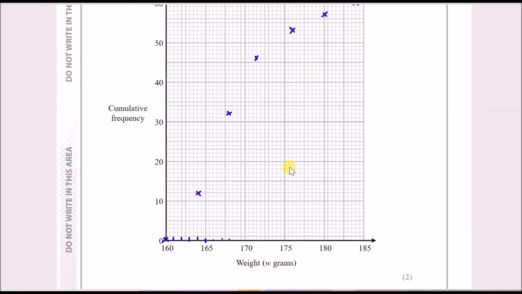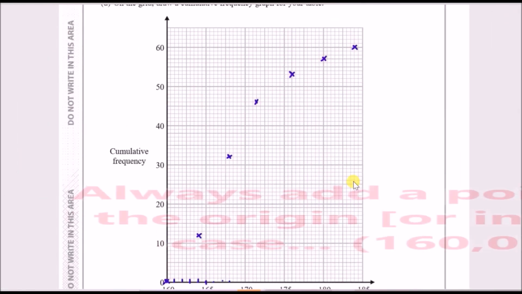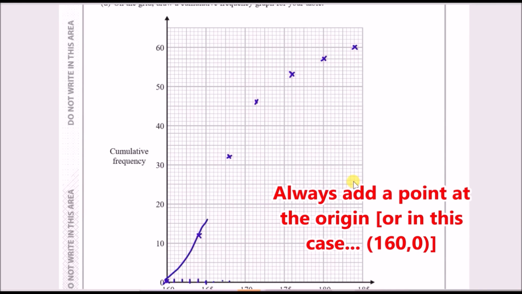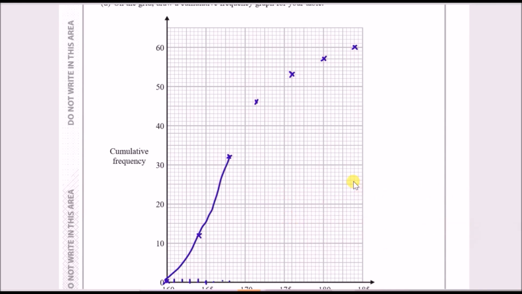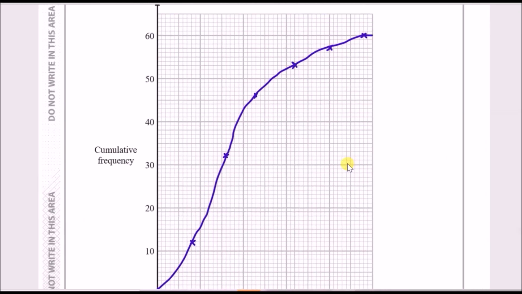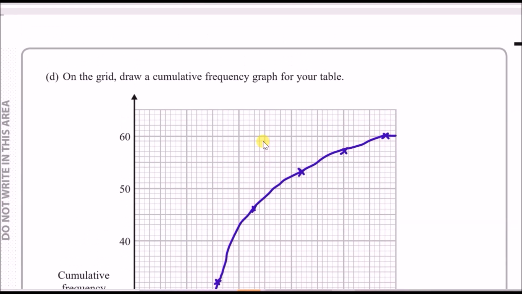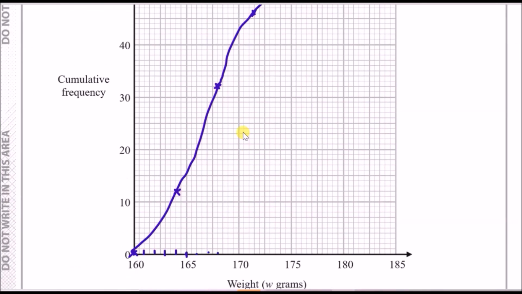So I'm going to zoom out a bit. The curve should be, oh, this is going to be hard. It has to be like a snaky curve, yeah? So this is a bit hard. Yeah, something like that. All right, a nice little snaky curve. Yeah, so that's it. That's just part D done.